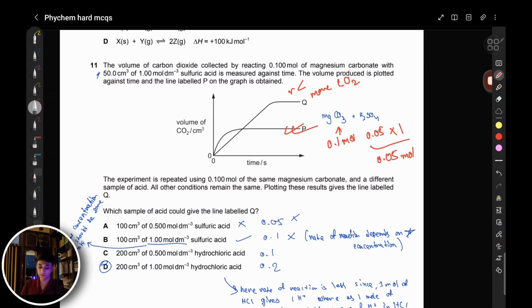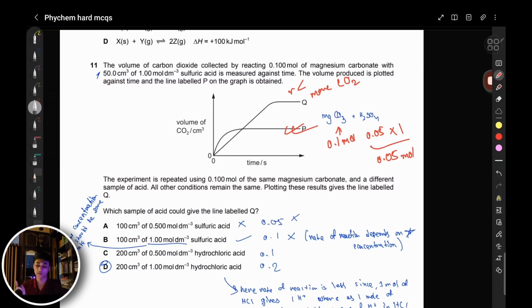The experiment is repeated using 0.1 mole. Which sample of acid could give the line labeled Q? Now we have to figure out which acid and which set of concentration and volume will give you double the amount of CO2. So what are we looking for?